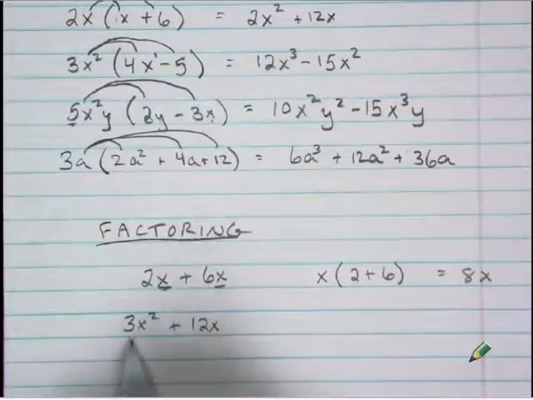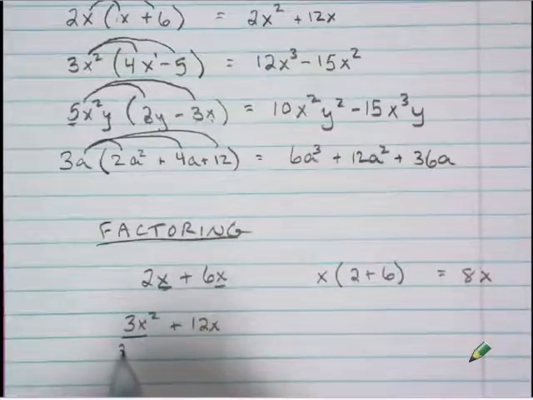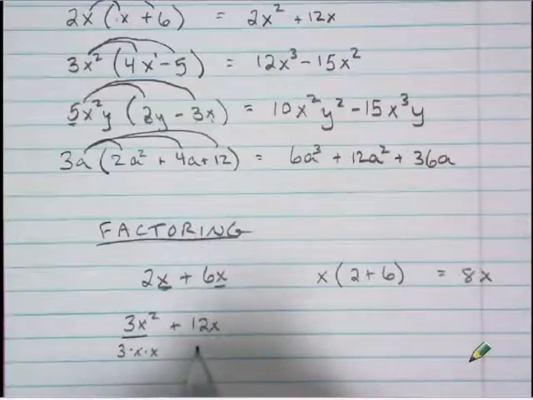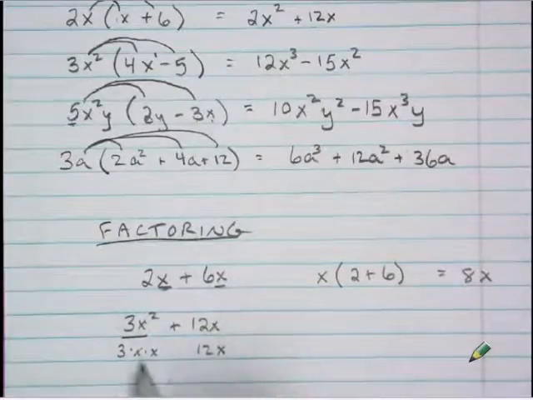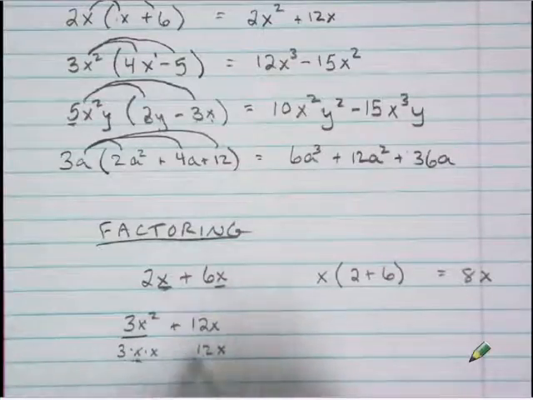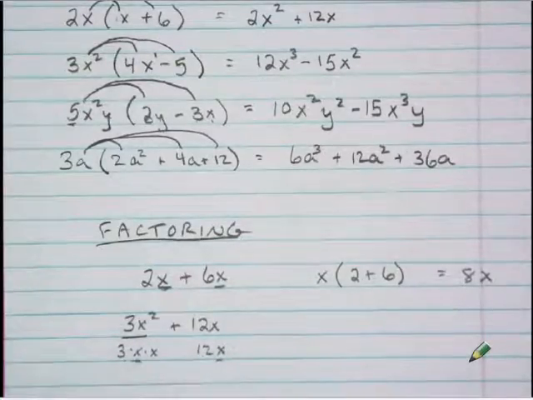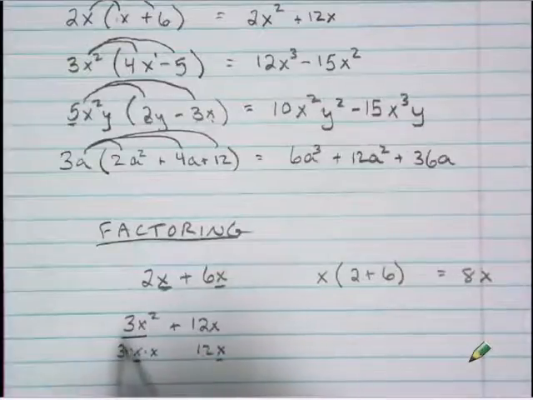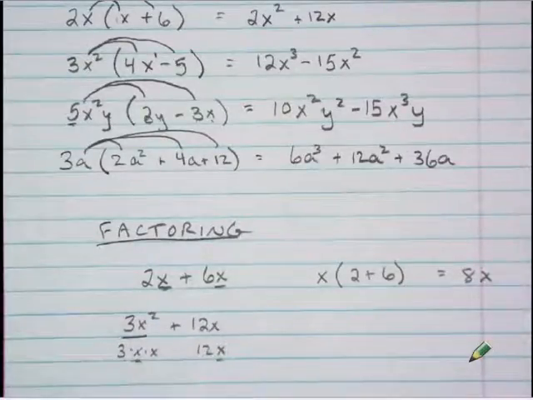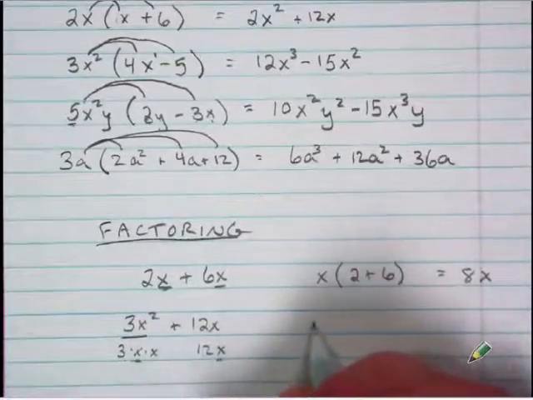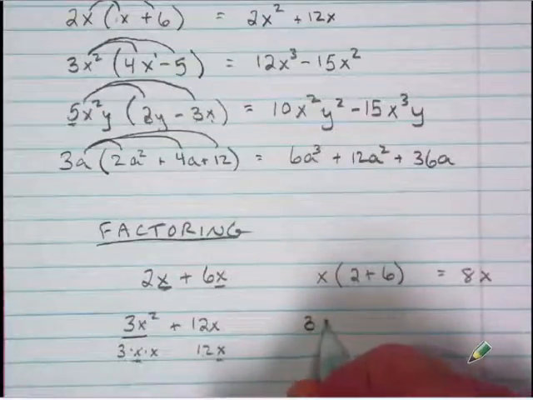If you notice, this is 3x squared, which means 3 times x times x. And this is 12x, of course. Okay? Both of these numbers have a 3 in them, but then I also see an x in common between these two things, which means that this expression, 3x squared plus 12x, has a GCF of 3x.